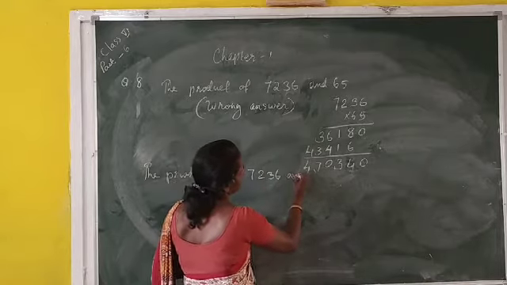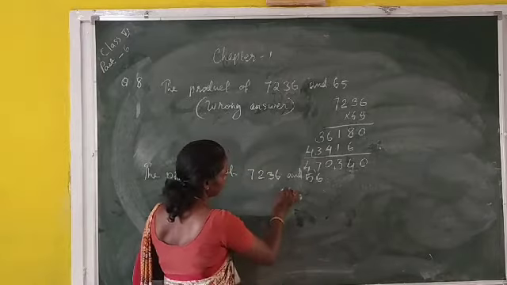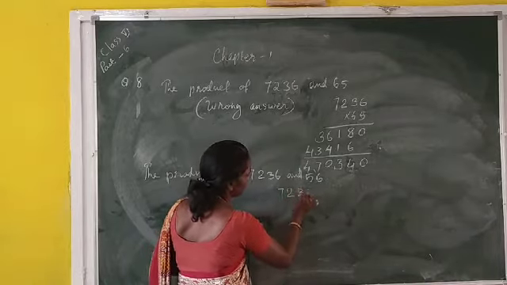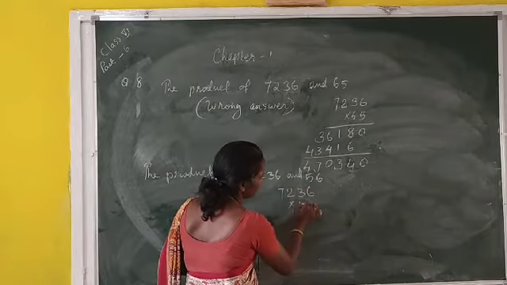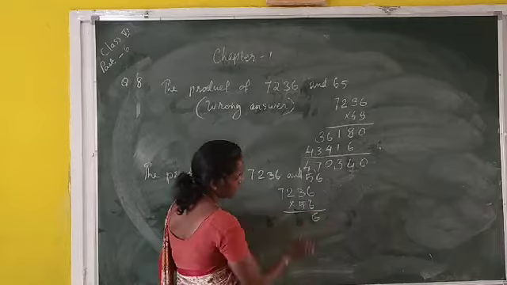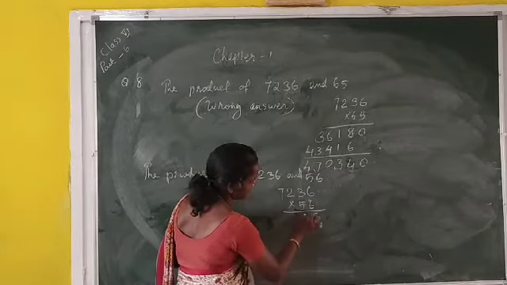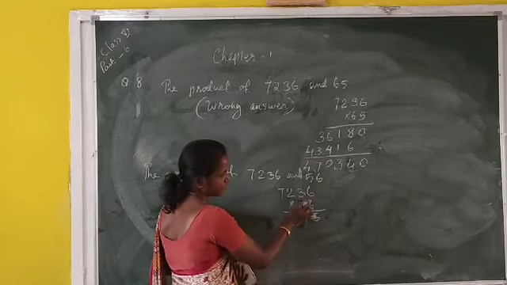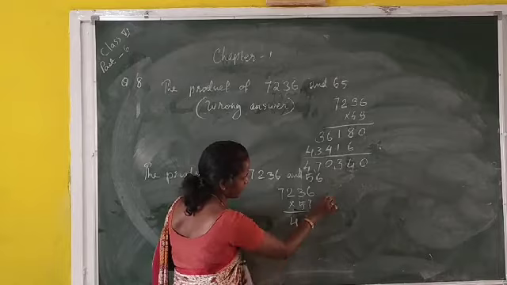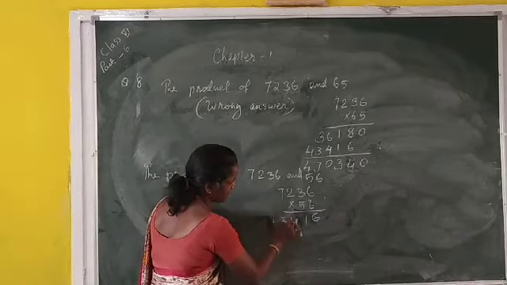Then multiply 7236 by 56. 6 6s are 36, carry 3, 6 3s are 18, 18 plus 3, 21, carry 2, 6 2s are 12, 12 plus 2, 14, carry 1, 6 7s are 42, 42 plus 1, 43.